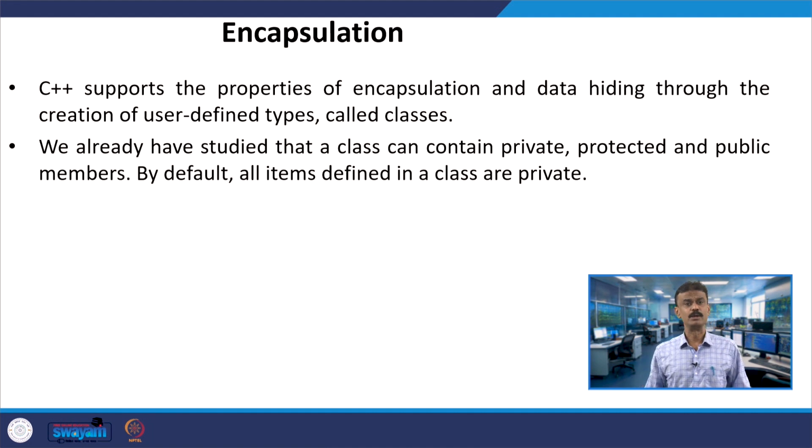So, how is this encapsulation property used in C++? C++ supports the properties of encapsulation and data hiding. We create user defined functions, and assume there are some objects of the particular class, and that object will invoke these functions.